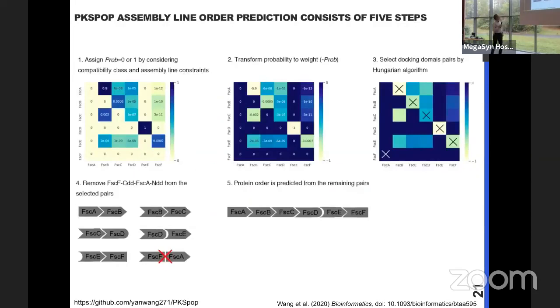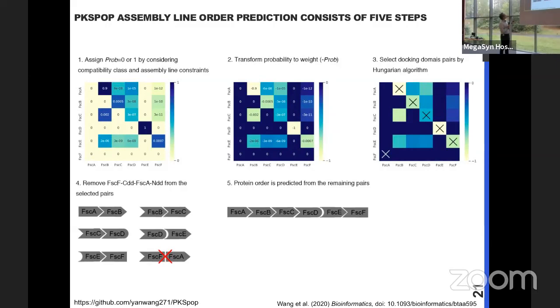And in the end, Jan put this together into a more comprehensive algorithm that then uses this to predict the assembly line order. So what we first do is we take all the pairs of docking domains between the different PKSs of an assembly line, and we run this Ouroboros algorithm to identify evolution or co-evolution probabilities.